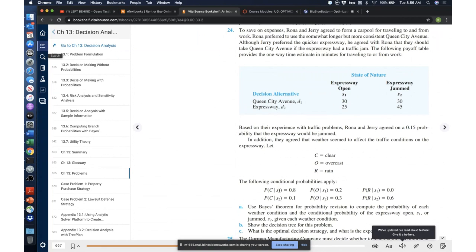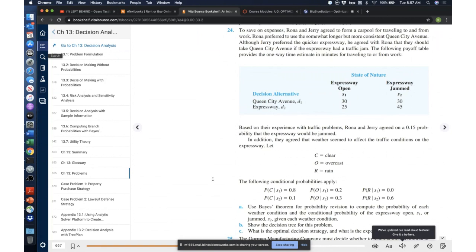The probability that it will be clear given that the traffic is not jammed is 80%, and the probability that it will be overcast given that the traffic is not jammed is 20%. If the traffic is in fact jammed, then there's a 10% chance of clear skies, 30% chance of overcast skies, but a 60% chance of rain. So when there is no rain, basically it doesn't look like the expressway is jammed.